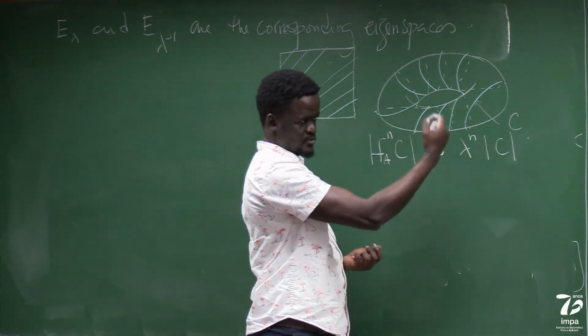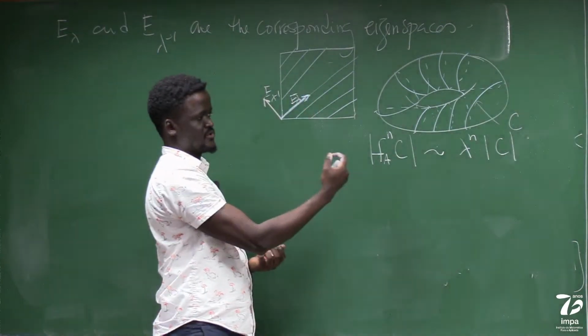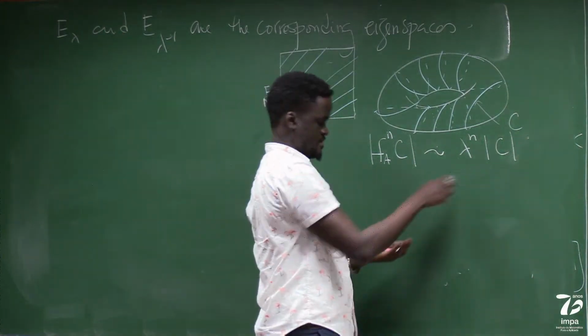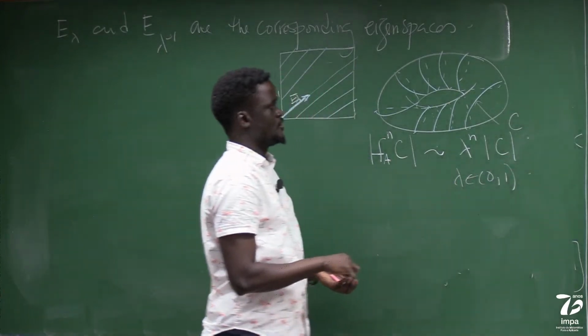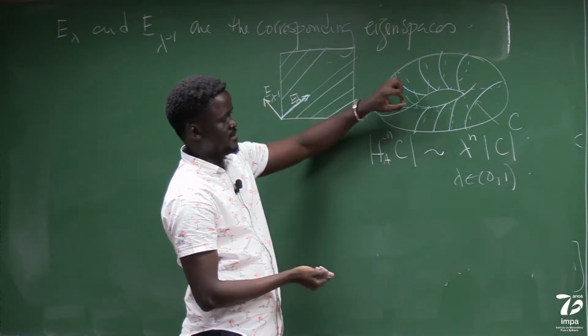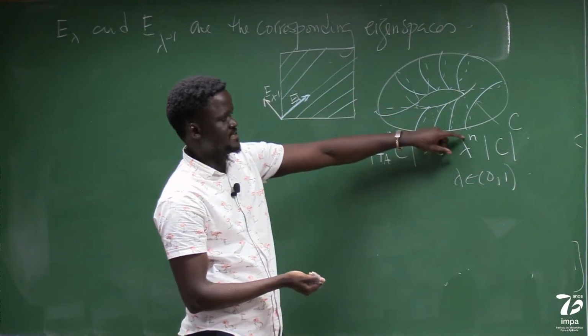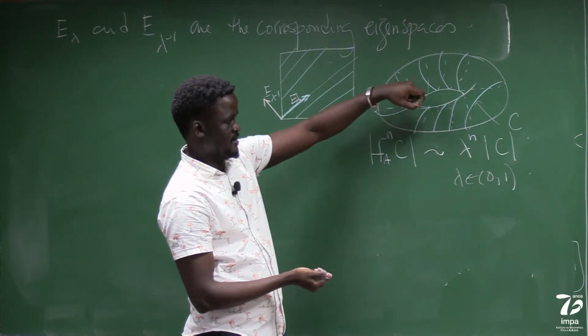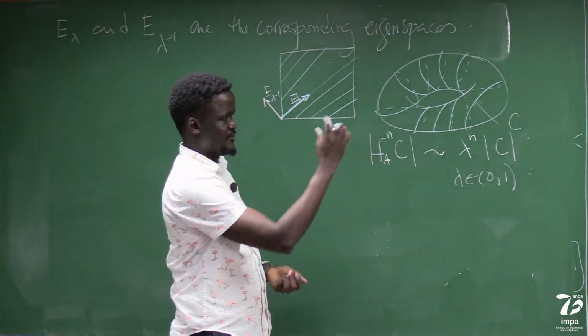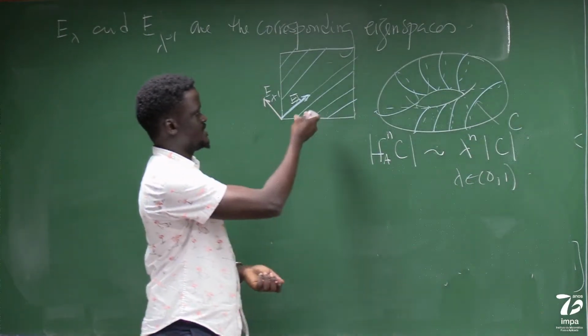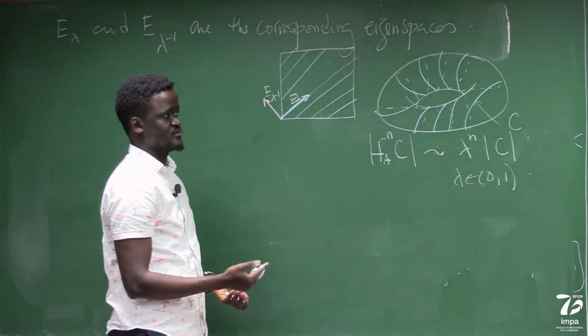If it was a closed curve, so if the slope was rational, by this property, since lambda is between 0 and 1, for n large enough you would see a closed curve of arbitrarily small length, and you cannot have that on the torus.